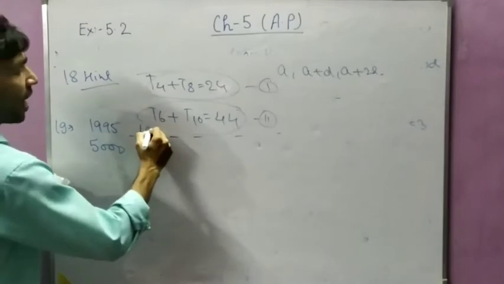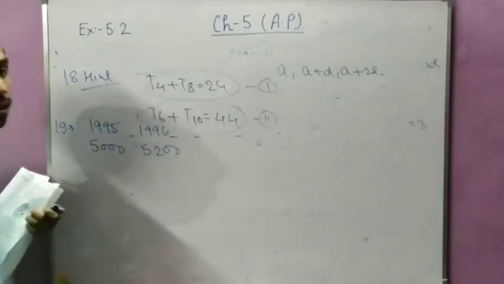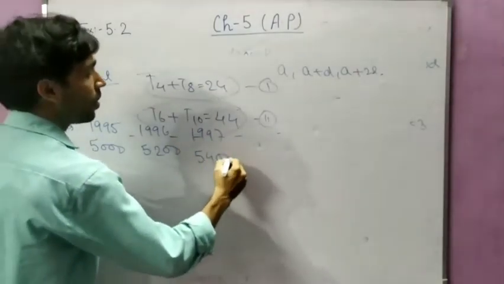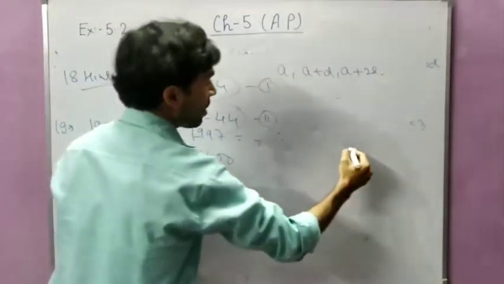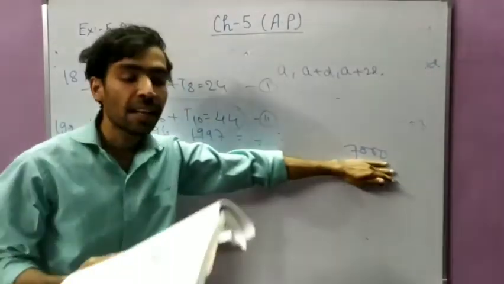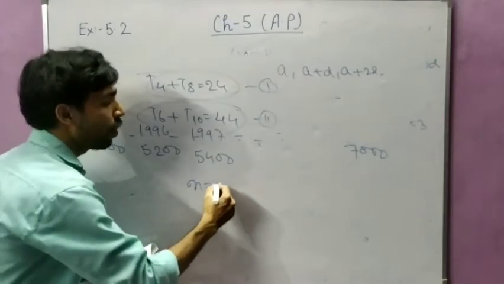It means in 1996 she will get 5,200. In 1997 she will get 5,400, and so on, and in the end she will get a 7,000 salary. So that 7,000 salary she will get after how many years? It means you are calculating the value of n.